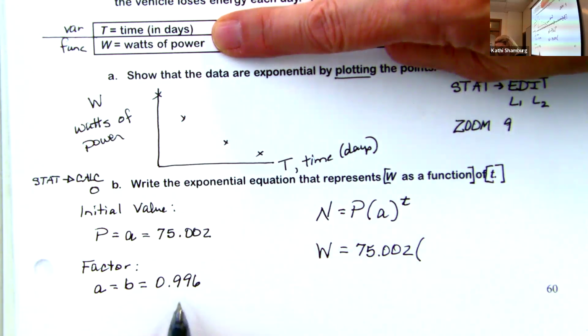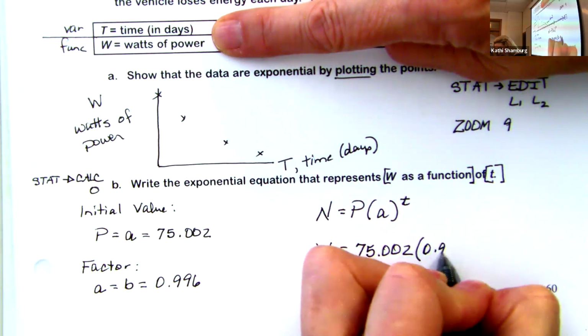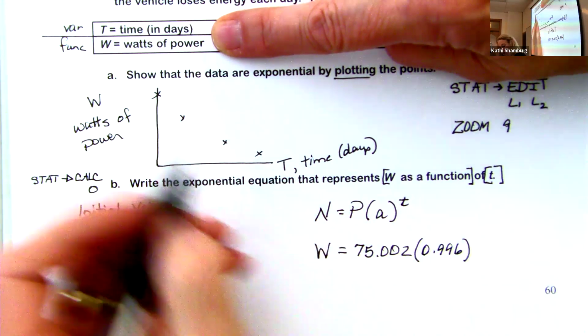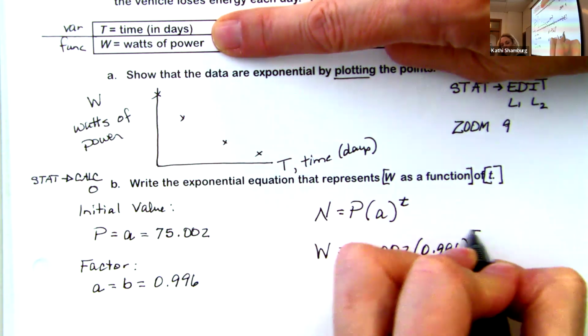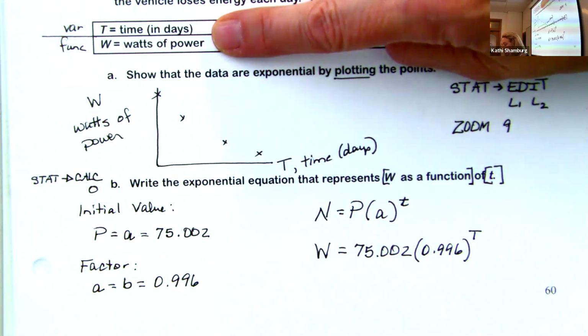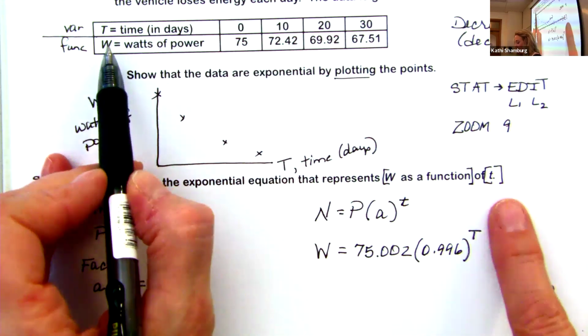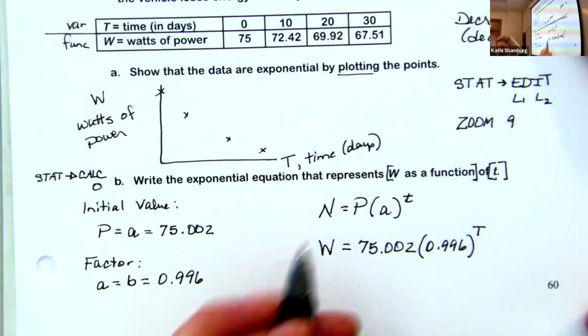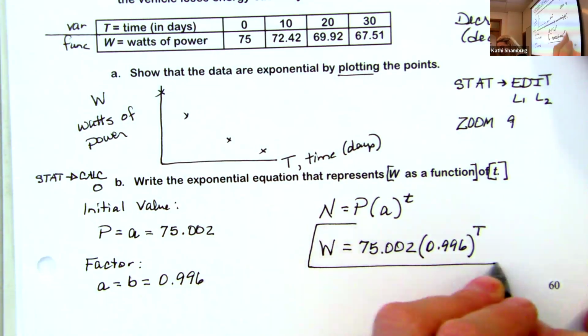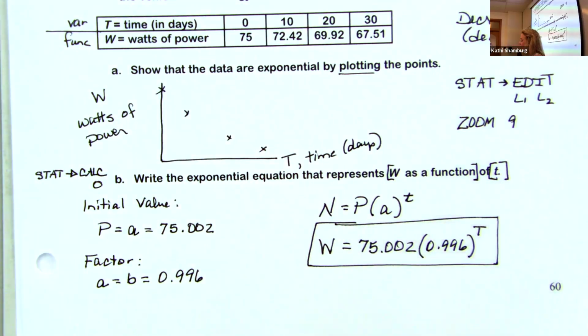We found the decay factor to be 0.996. And then if you gave me capital T or lowercase, I wouldn't care because here it's a capital, here it's a lower, so either one is fine. So that would be my equation, okay? All right.